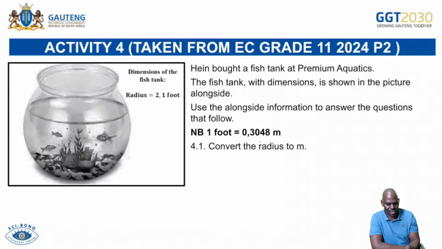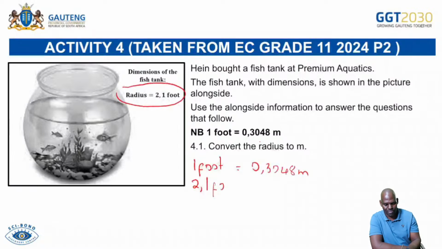Convert the radius. In this case, it is given that the radius is 2.1 feet. So we are given the information that 1 foot is equal to 0.3048 meters. Now we want to convert 2.1 feet to meters. This is the radius that we are looking for, but the radius must be in meters.